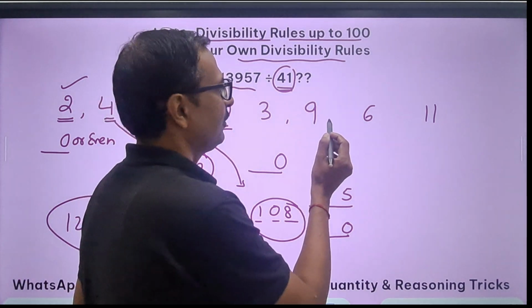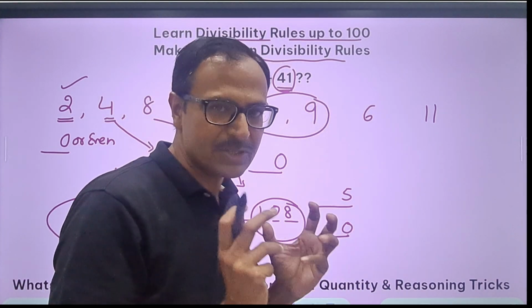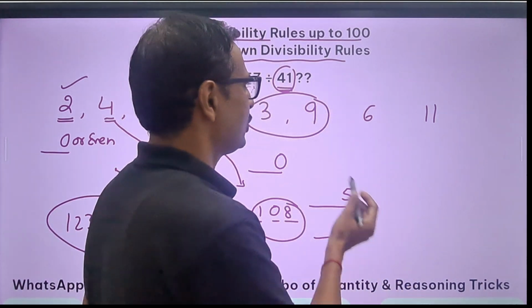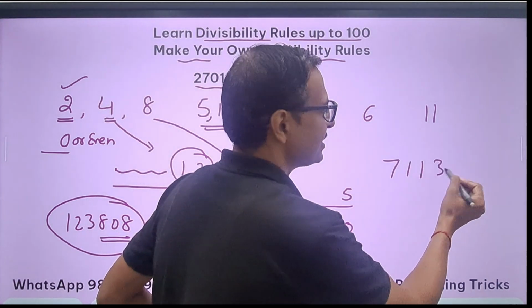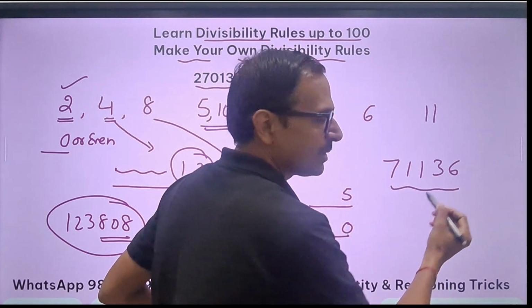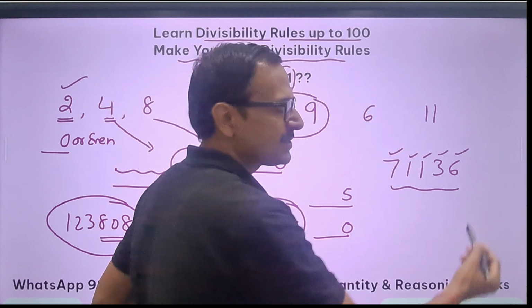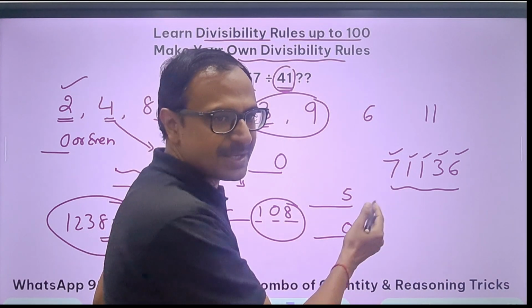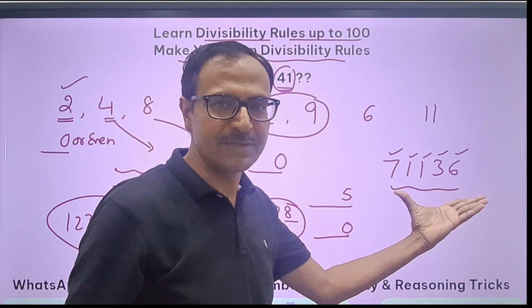Now 3 and 9, they are studied together because they are based on the digit sum of the number. So if the sum of the digits of a number, just like 7, 1, 1, 3, 6, if I add all these numbers, 7 plus 1 plus 1 is 9 plus 3, 12 plus 6, 18. So 18 is divisible by 3, and therefore this complete number is also divisible by 3.